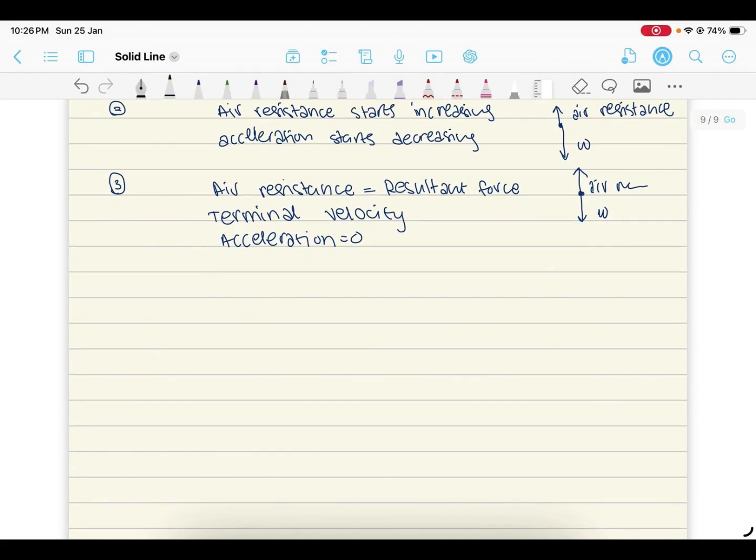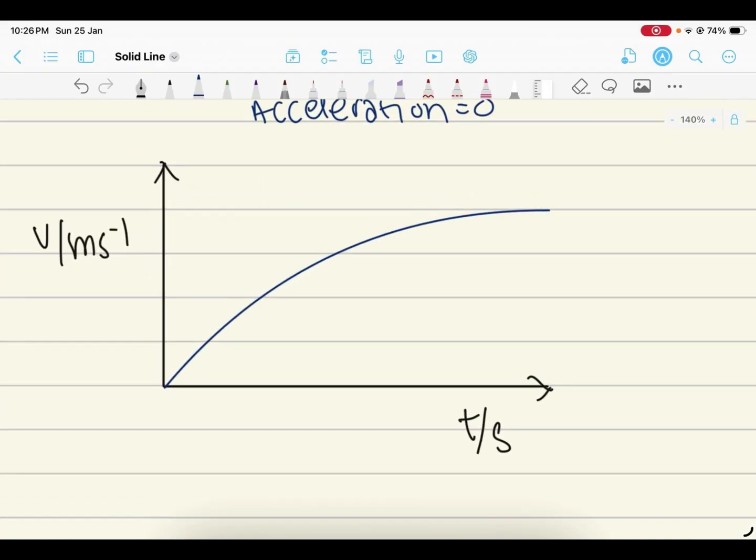So if you were to draw a graph on this, it will look like this. This will be its velocity time graph. See, in the beginning over here, this is steepest, right? So acceleration is maximum here.